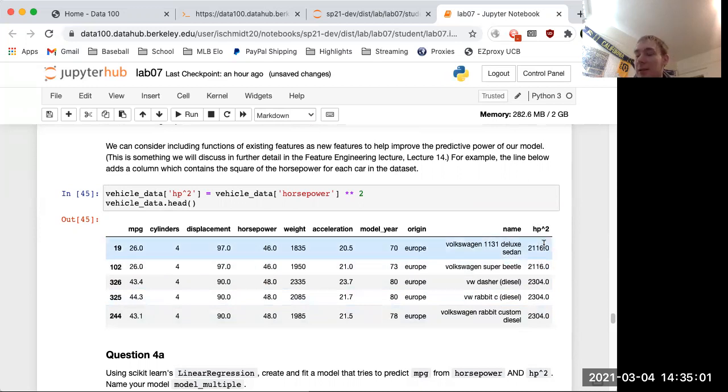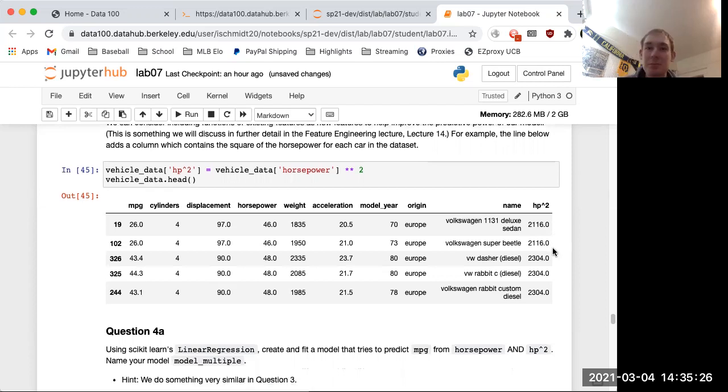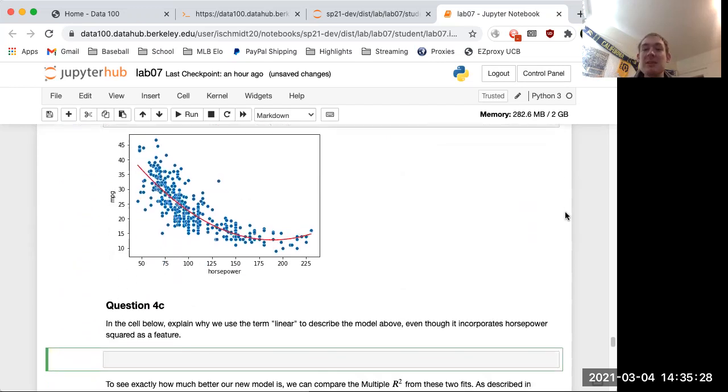It could be something completely different than horsepower squared, and the algorithms would work just the same. But we, as the data scientists, have made a determination to have this new column represent exactly horsepower squared. So it's still a linear model. It just so happens that one of the features in our linear model represents horsepower squared. So that's kind of a good reasoning.